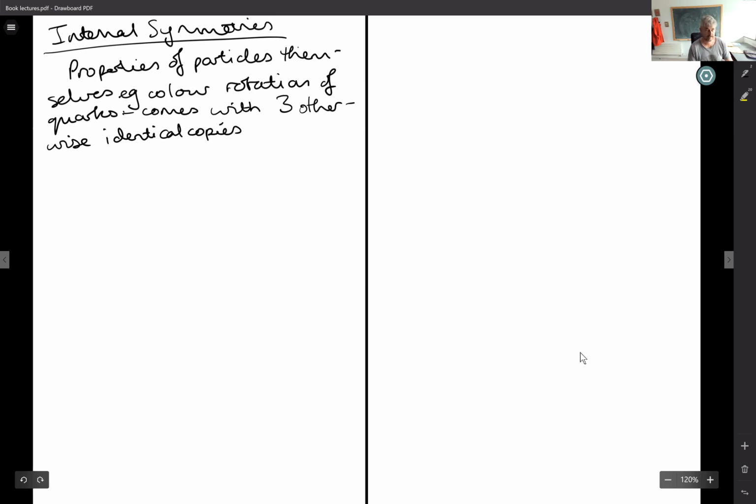And you can actually measure this. Basically, the chance of producing a quark is 3 times higher than you think it is, and it's because there are 3 copies of them. So we're going to just name these 3 copies by some label. We're going to call it color, so we'll call them red, green, and blue.